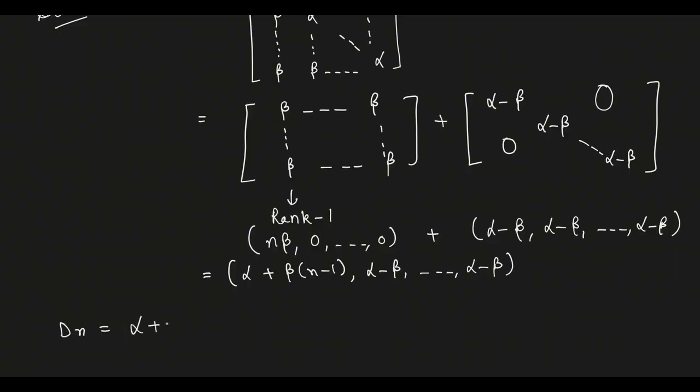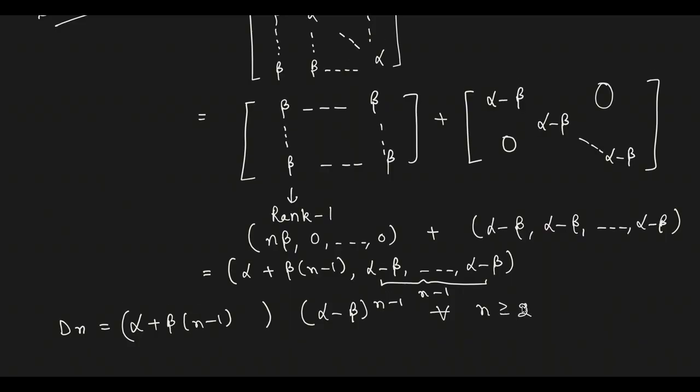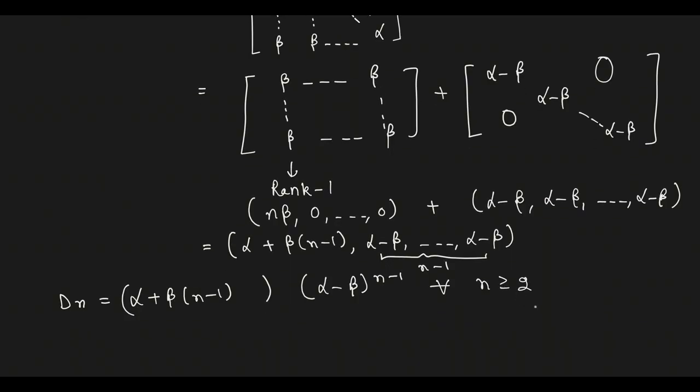So (alpha plus (n minus 1) beta) and (alpha minus beta) to the power n minus 1, because these values were n minus 1 times, for all n greater than or equal to 2. So by doing this, option 4 is directly correct. Option 4 is correct and option 3 is wrong.